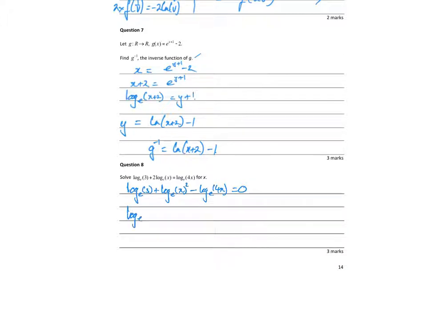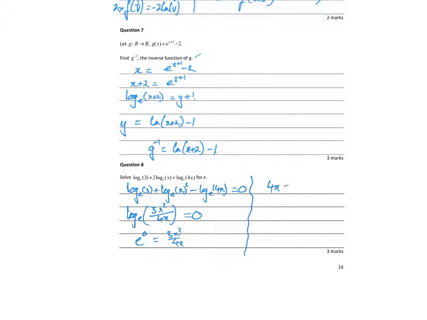So log base e of 3x squared over 4x equals 0. So use that base transformation. e to the 0 is equal to 3x squared on 4x, which means e to the 0 is 1.